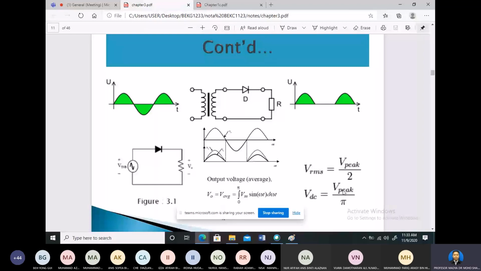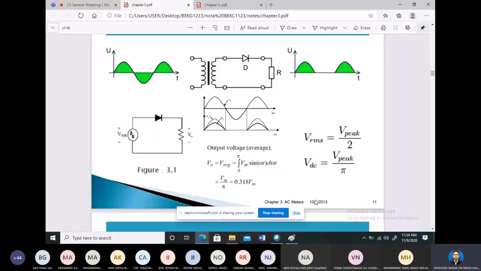Using a calculator, 300 divided by pi is around 95. So 95 volt DC. That is the formula to calculate the DC voltage, which you have to remember.